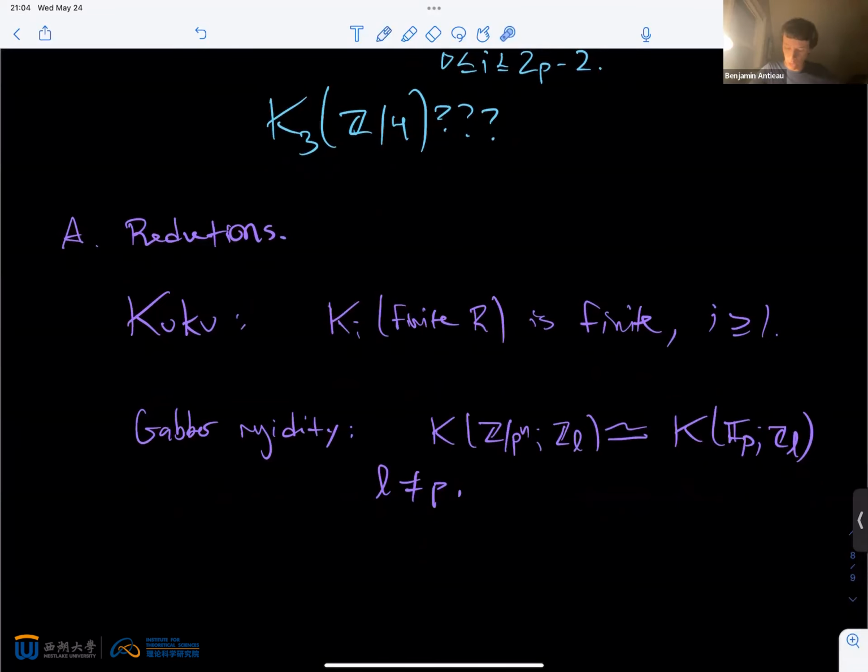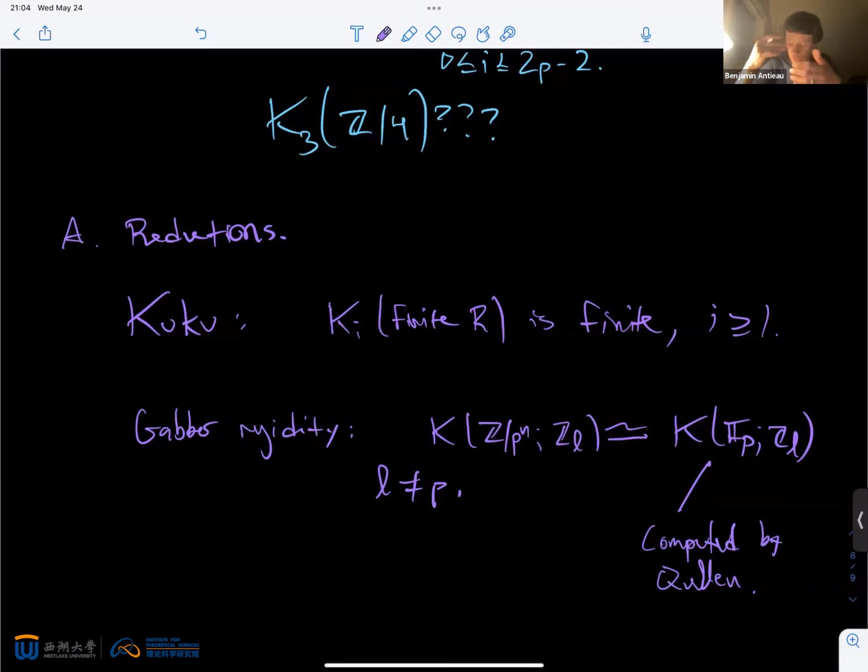So what I'm saying is that if I ignore the residue characteristic p, the l-adic K theory of Z mod p to the n is the same as the l-adic K theory of F_p. This was computed by Quillen, and all it's doing is picking out the l-primary torsion groups from Quillen's calculation.